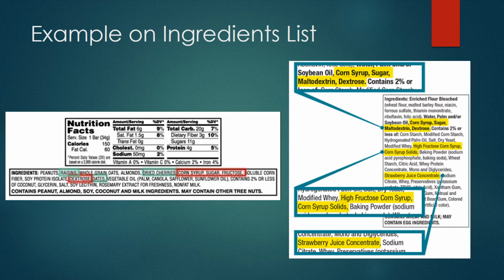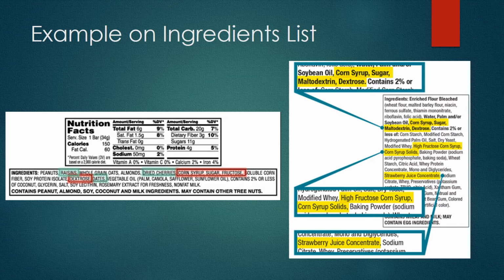As we said before, the ingredients are listed by weight. So in this example, raisins are more abundant than dried cherries and corn syrup. This example shows how one can review the nutrition facts label as well as the ingredient list to see where your sugars are coming from.